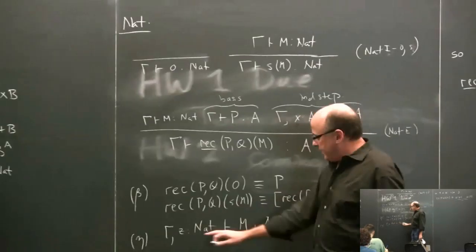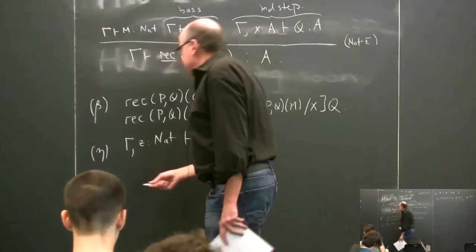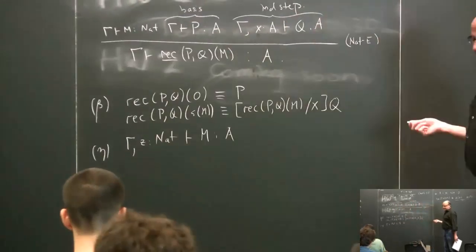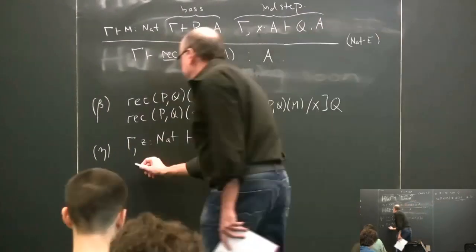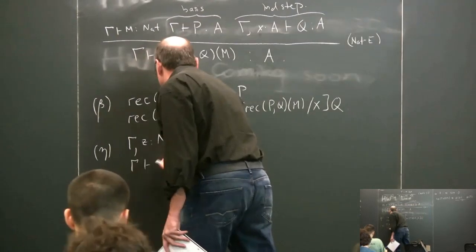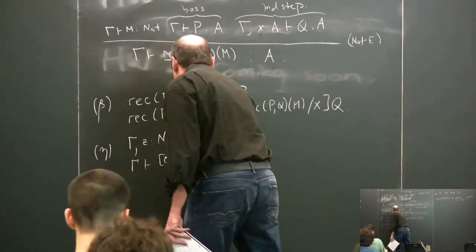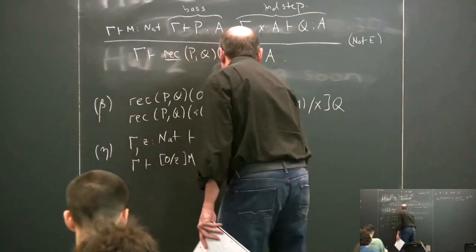So this is a mapping out of nat into A. And let's say it looks like a duck thing: if it behaves like the recursor, it is the recursor. So what does it mean to behave like the recursor? It means that, suppose we say that if I plug in 0 for z in M, let's call what I get out of that P.